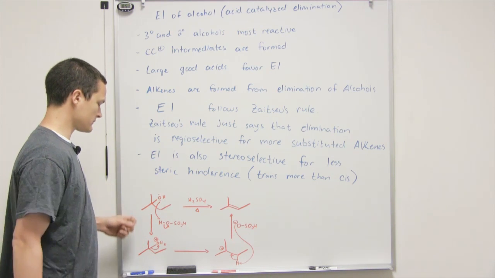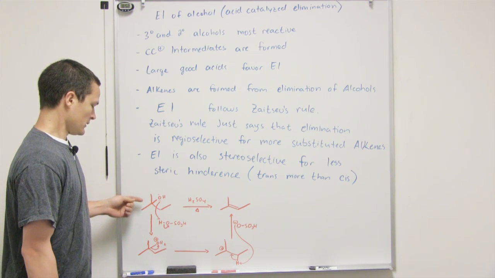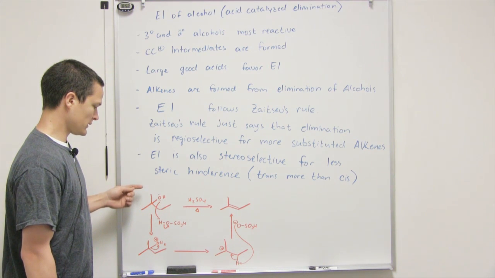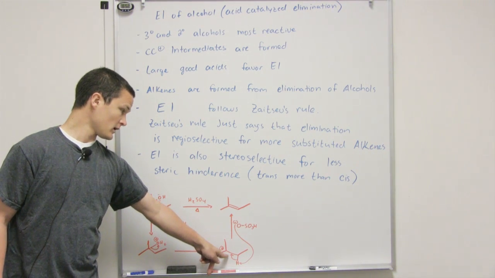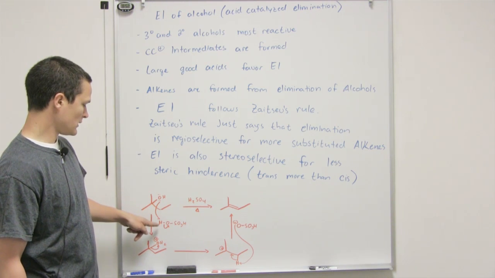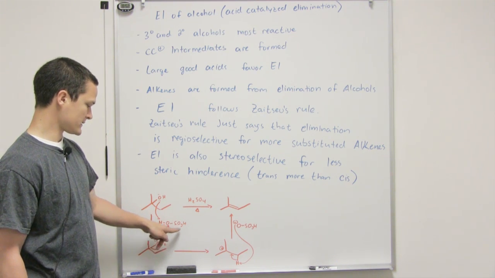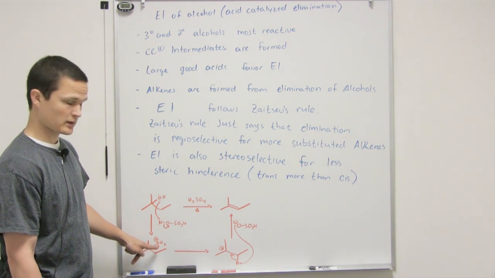We have the mechanism here for E1, and once again we're going to show the carbocation formation, which is why we call it E1. To start out, the alcohol becomes protonated by the acid, sulfuric acid. When we do that, we form a leaving group of water.